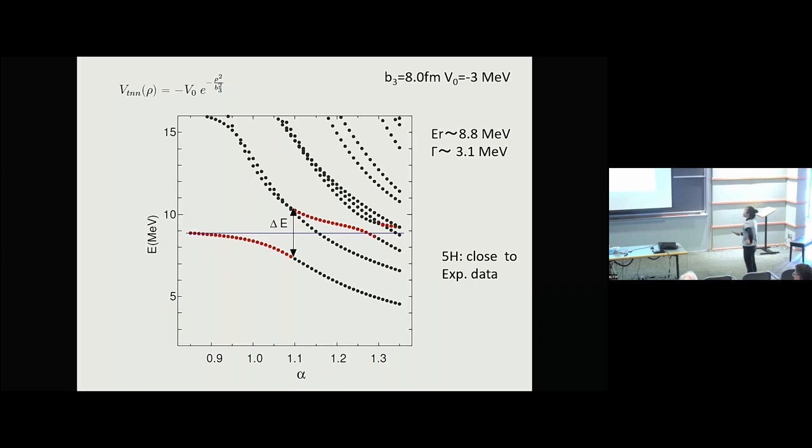From this figure, we can see the energy is around 8.8 MeV, and from this avoided crossing we can estimate gamma is around 3 MeV.